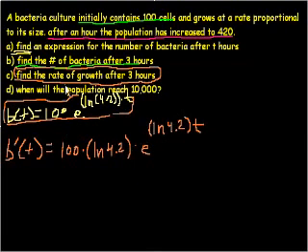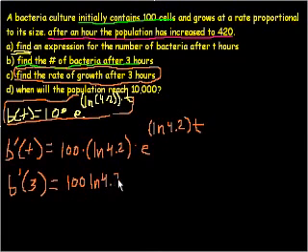And then they want to know what the rate of growth is after 3 hours. So b prime of 3 is equal to 100 ln 4.2. All of that times, well, e to the ln 4.2 times 3, as we just did in part B, that's the same thing as 4.2 to the third, because this expression right here is just 4.2.